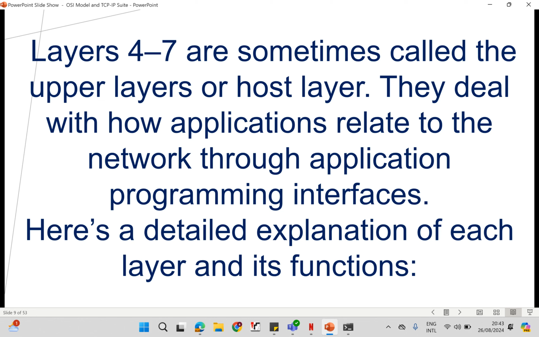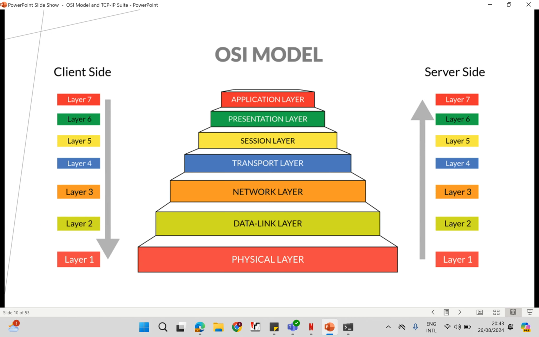Layers 4 to 7 are sometimes called the upper layers or host layers. They deal with how applications relate to the network through application programming interfaces. Here is a detailed explanation of each layer and its function.